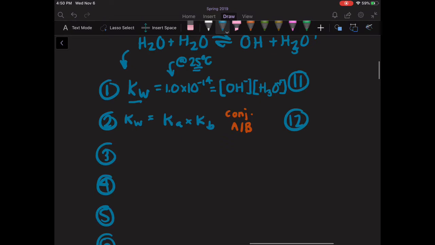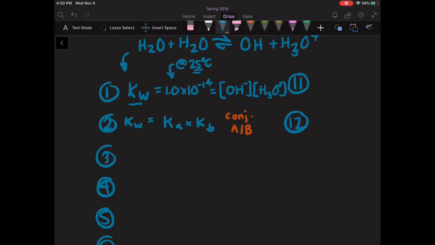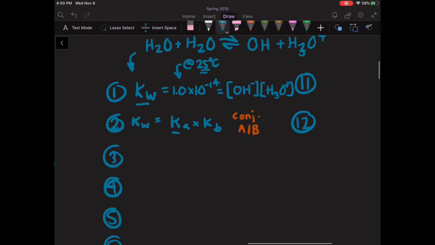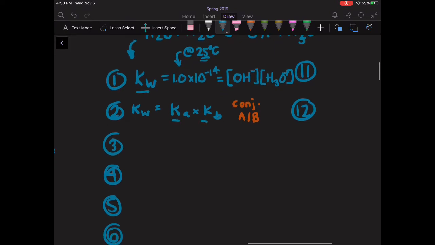All right, so what else do we have? We have these Kas and Kbs, which are the tendency to ionize, right? So Ka is equal to the hydronium ion concentration times the conjugate base concentration over the concentration of that acid, which is weak. Kb is sort of the opposite.